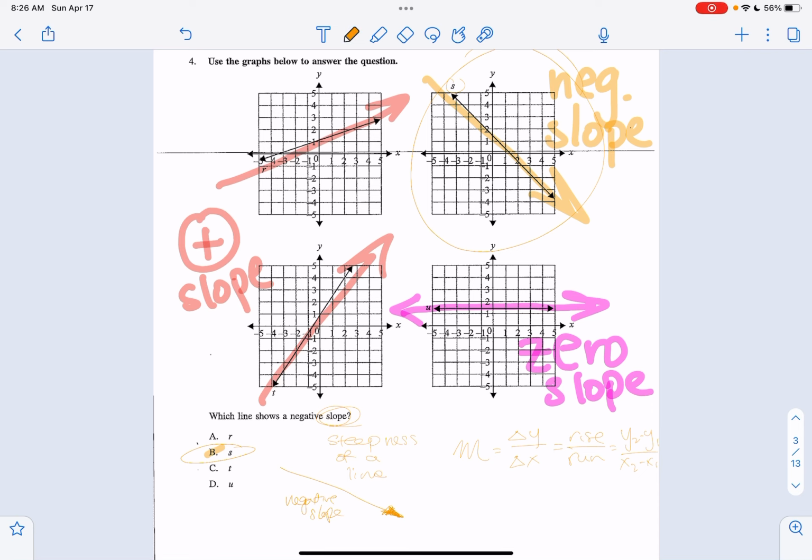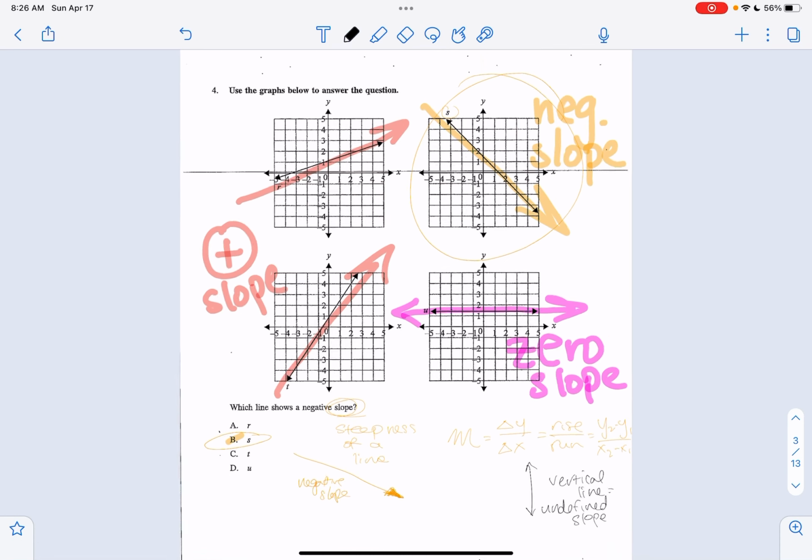And the last scenario is a line that's going straight up. A vertical line will have an undefined slope. That's because the x values are the same, so the denominator is 0 when you do rise over run.